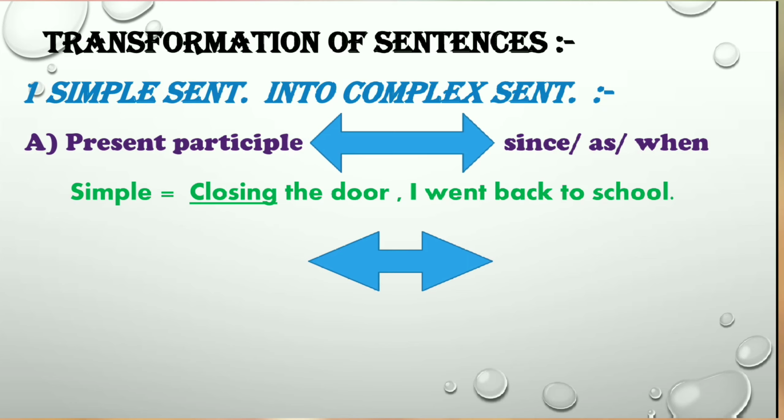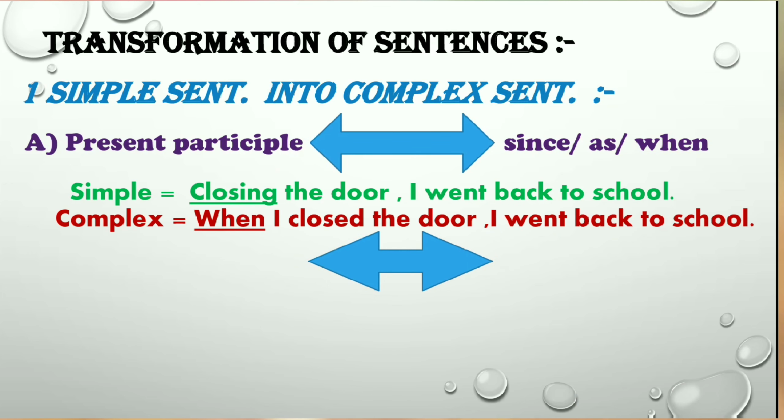It is used in the simple sentence. So, closing the door, I went back to school. If you want to change the sentence into complex, the sentence will be like this. We will remove closing and we can use since, as or when. I am using when here. When I closed the door, I went back to school.